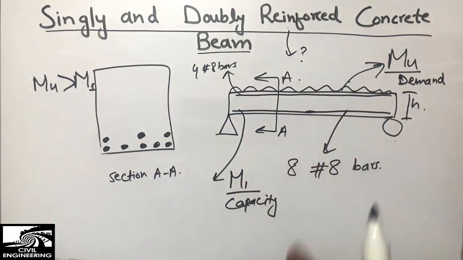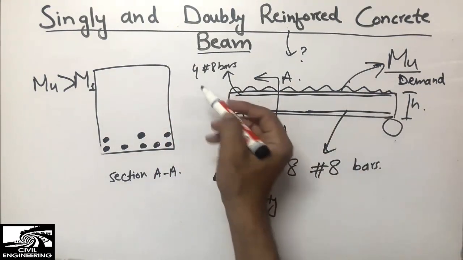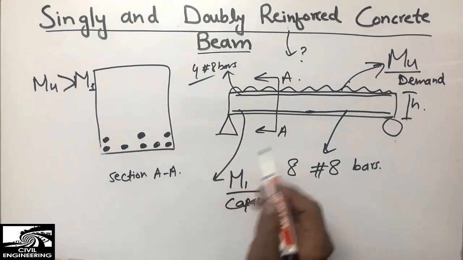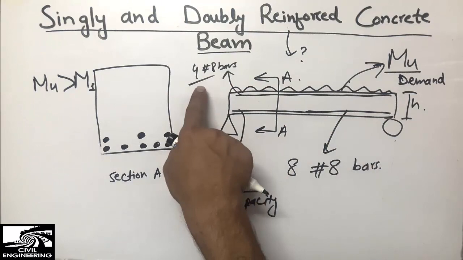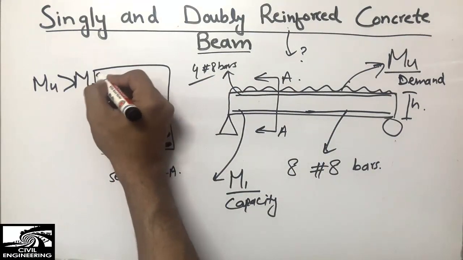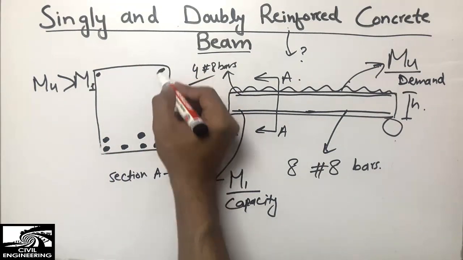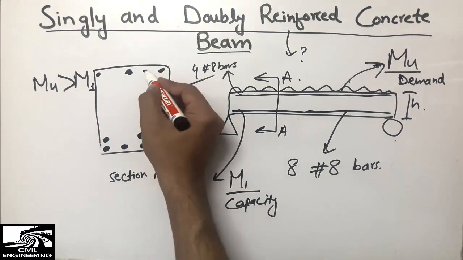So we put the bars; the number of bars will come from the design of the beam, right? According to that, we will find the number of bars, and we find, for example, that 4 number 8 bars are coming. So we will show it here: 1, 2, 3, and let's suppose 4.